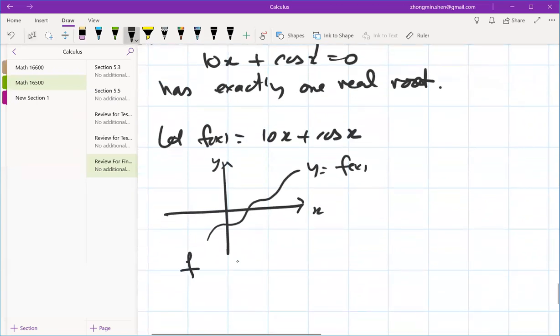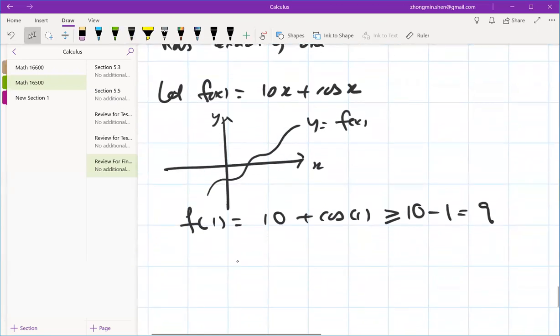So clearly, let's choose a larger value, f(1), okay? That's 10 plus cosine 1, which is greater than or equal to 10 minus 1, which is 9. That's greater than 9. And f(-1), okay?